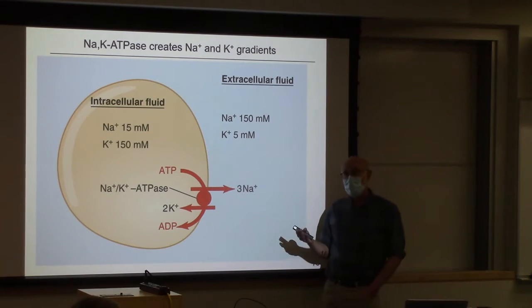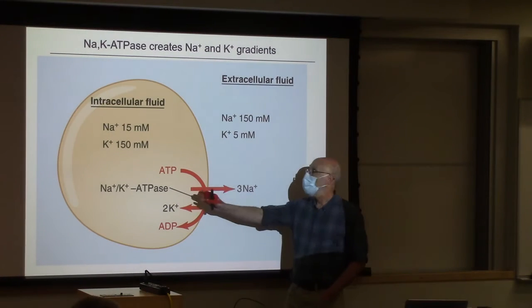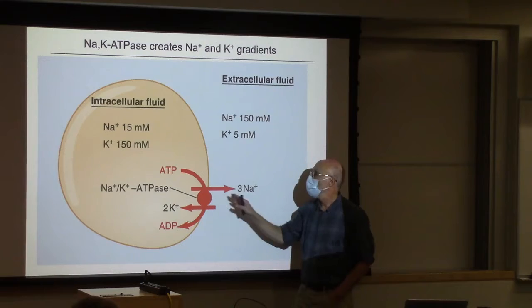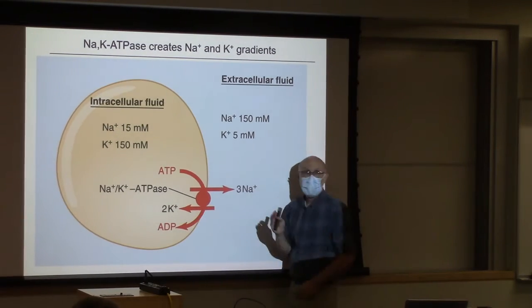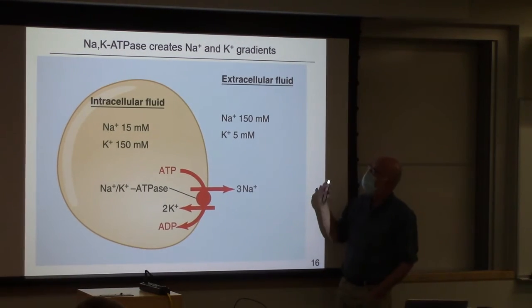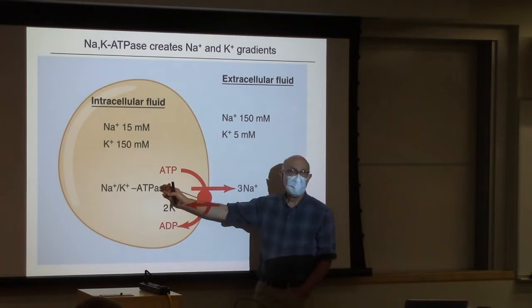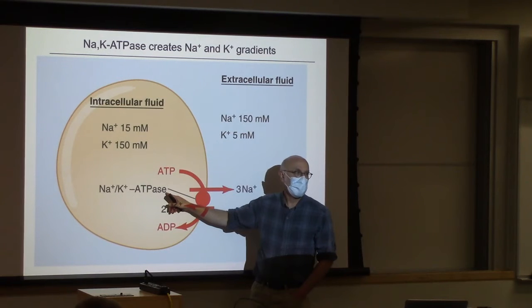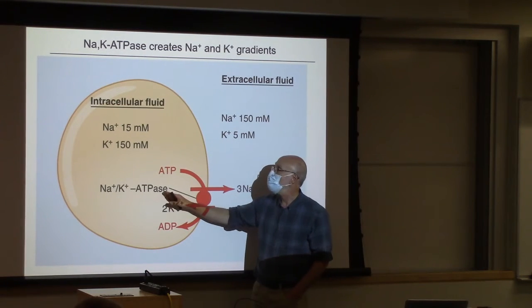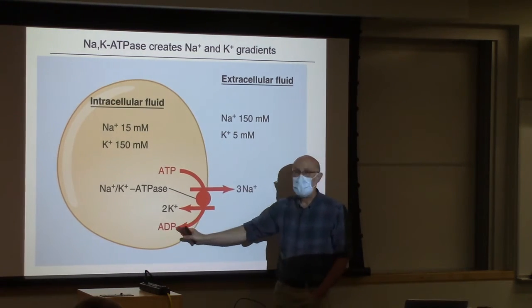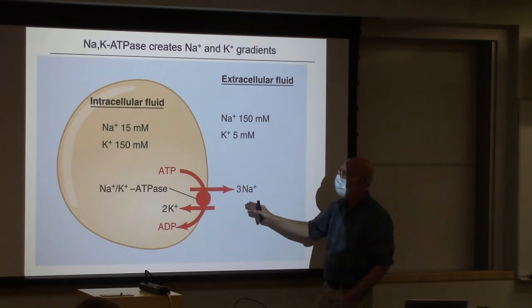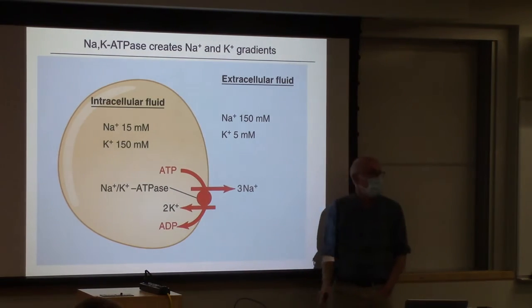A primary active transporter takes the energy from ATP and converts it into an ion gradient. So the sodium-potassium ATPase, you're all familiar with ase, tells you it's an enzyme. So this enzyme hydrolyzes ATP, and in the process of hydrolyzing ATP, it pumps sodium out and potassium in to the cell.